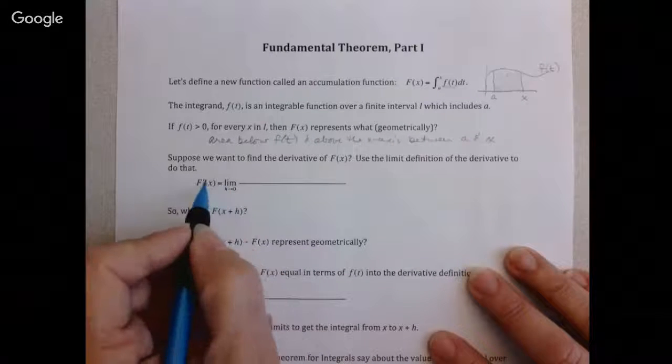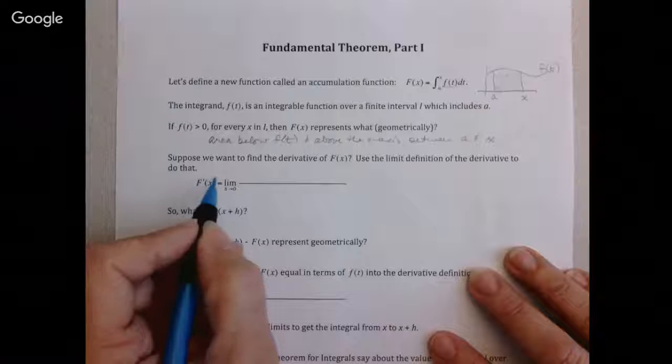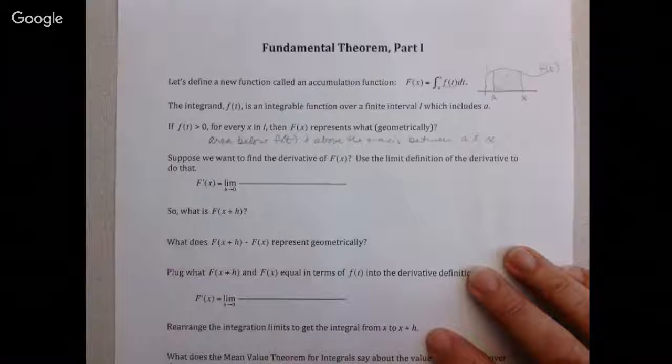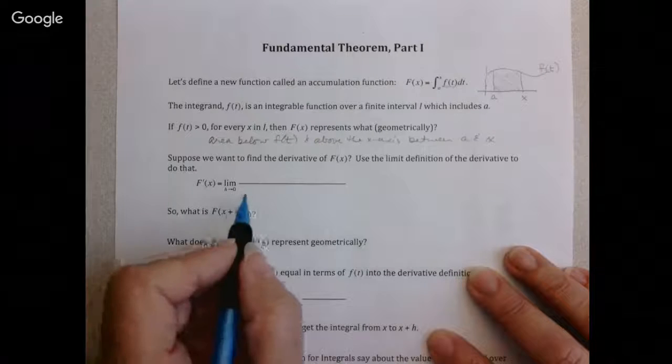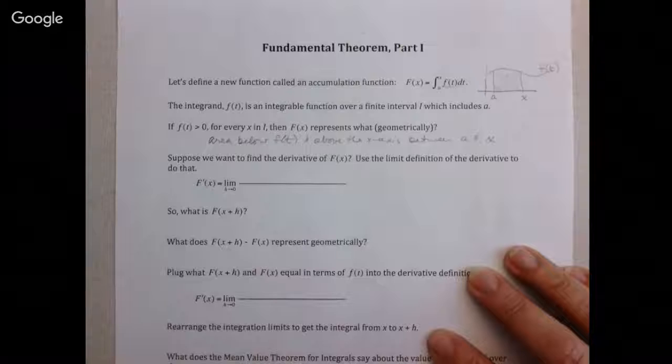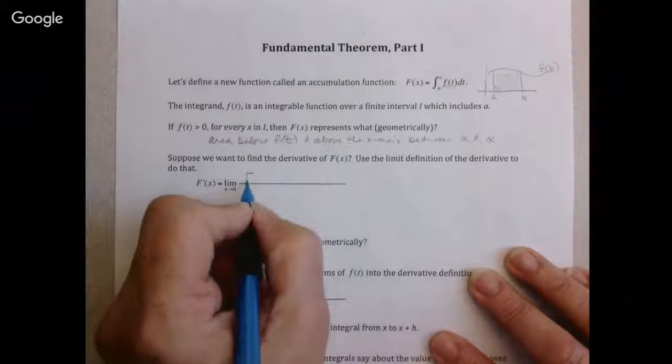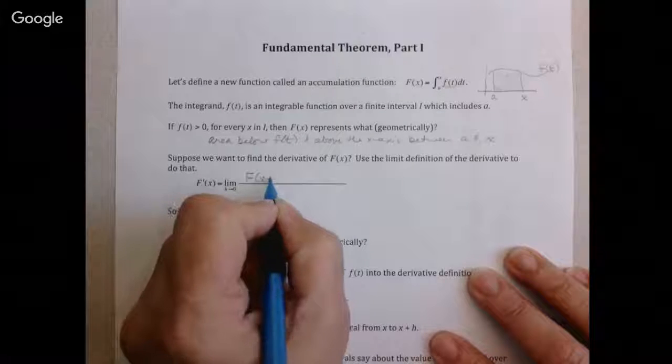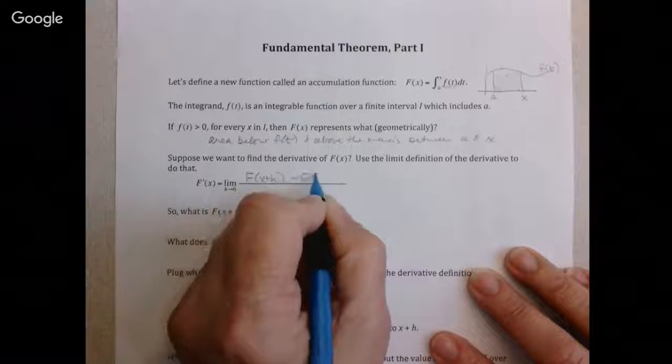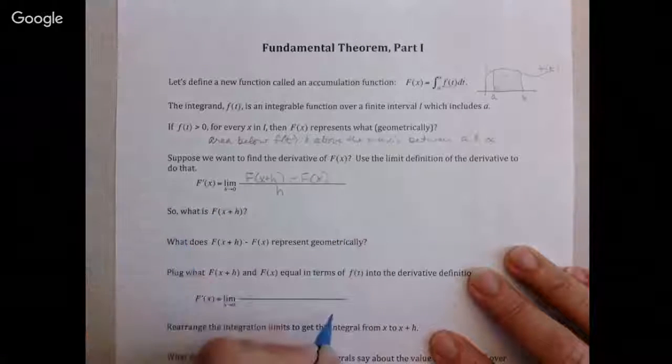All right, we are particularly interested in finding the derivative of big F, so we need to use the definition of the derivative and express F prime using the definition of the derivative. So stop the video and write the definition of the derivative of big F prime. Okay, the definition of the derivative says that I have the limit of F of x plus h minus capital F of x, all of that over h.